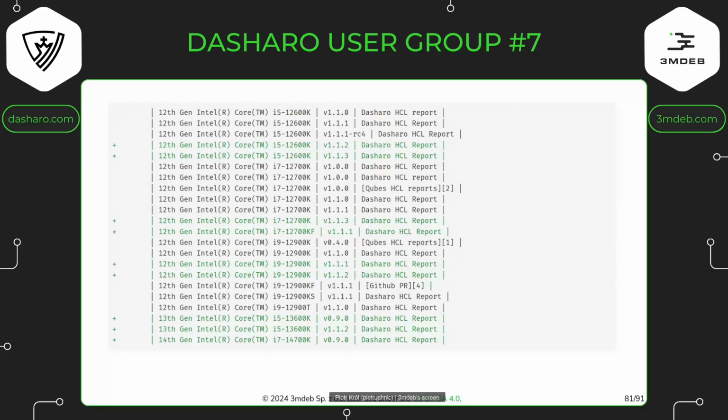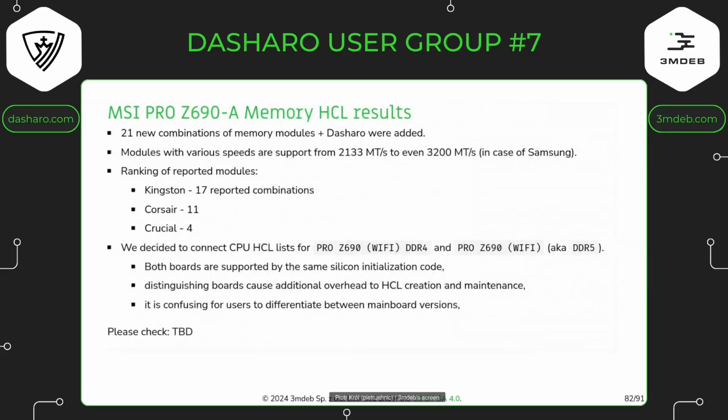And there is even one report from 14th gen. I just added 14th gen for consistency in the report. This is how it looked for Z690. In case of memory, we found 21 new combinations of memory modules for various versions of Dasharo.